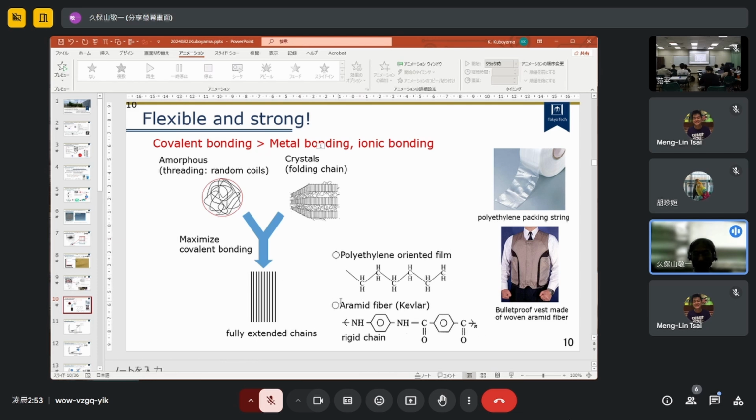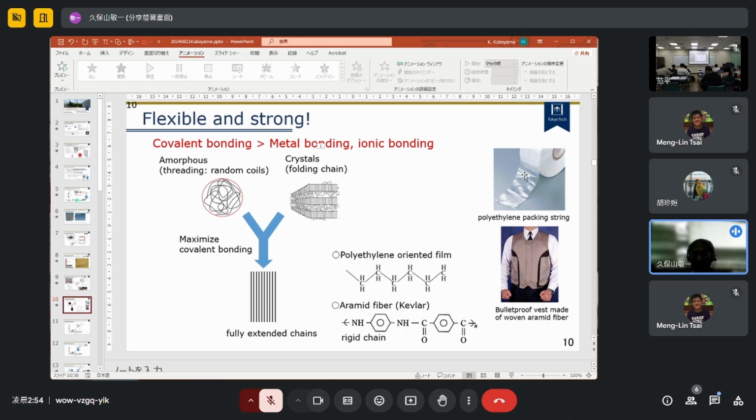For example, when you make aramid fiber with such a structure, you can use it for bulletproof vests. That is a very famous polymer having strong properties.